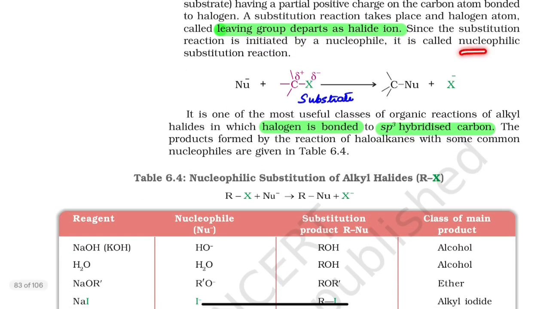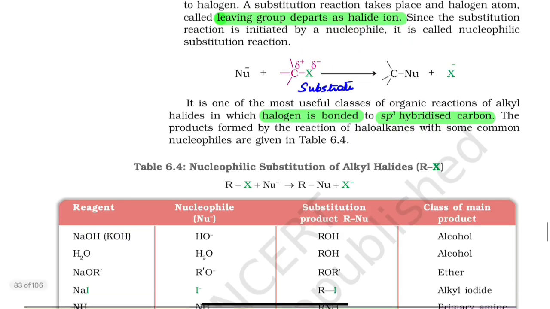Why it is called nucleophilic substitution reaction is because the nucleophile will be substituted in place of halogen. One more important point here is halogen is bonded to sp3 hybridized carbon. So here this carbon is sp3 hybridized.